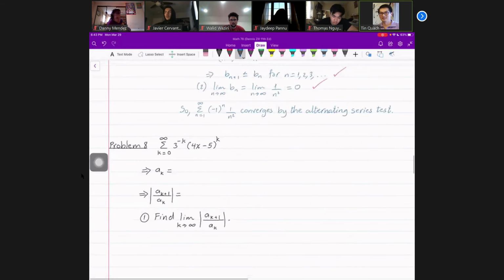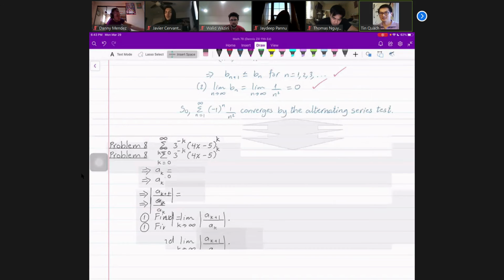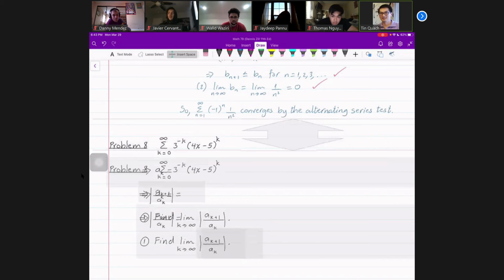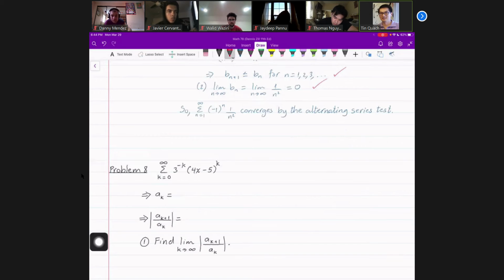So I need to find a space to write this down. So therefore, the radius of convergence is 1, and the interval of convergence, you can spell it out so you remember.